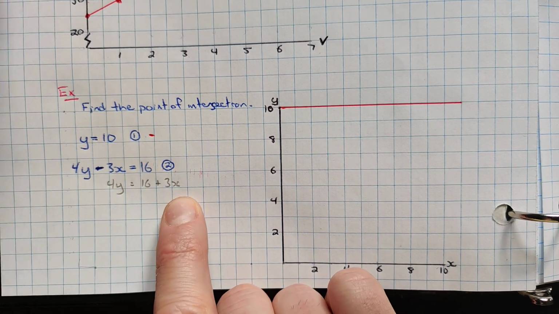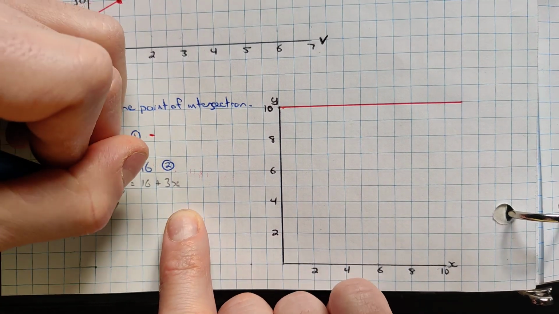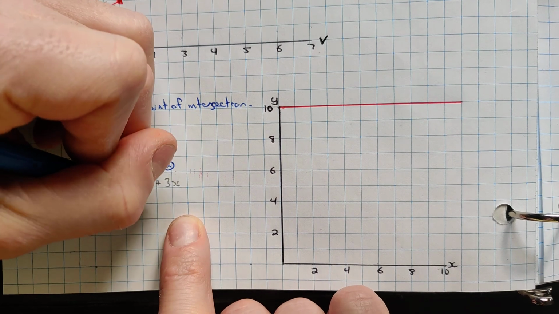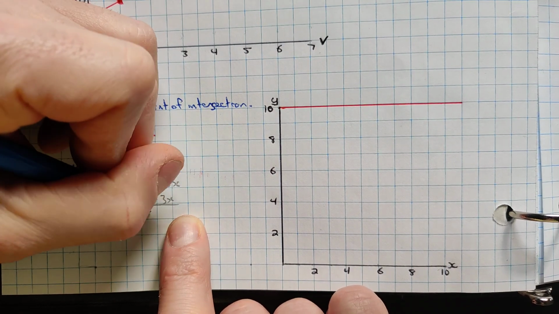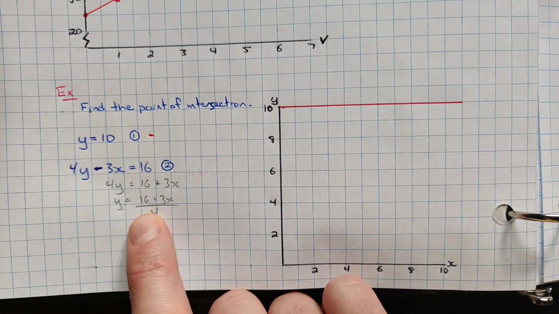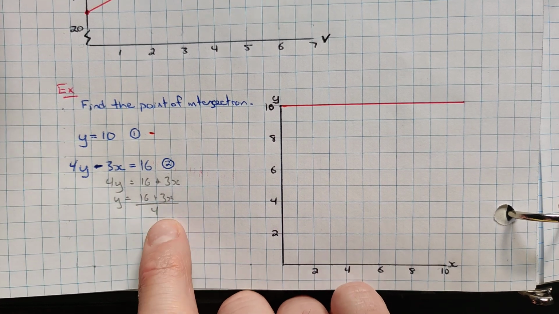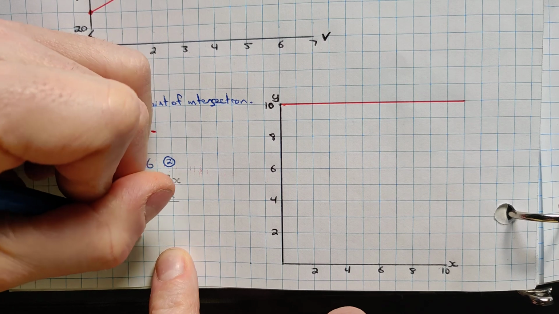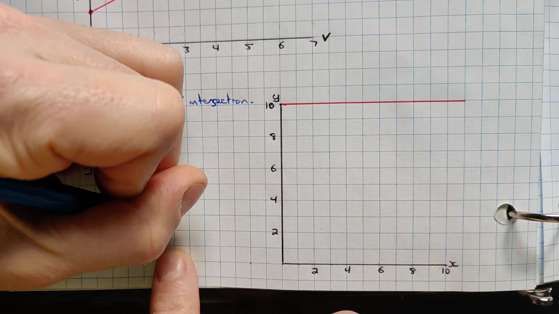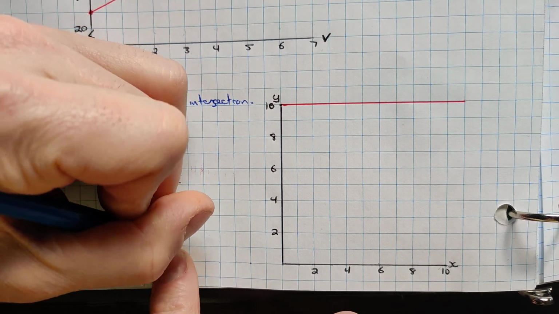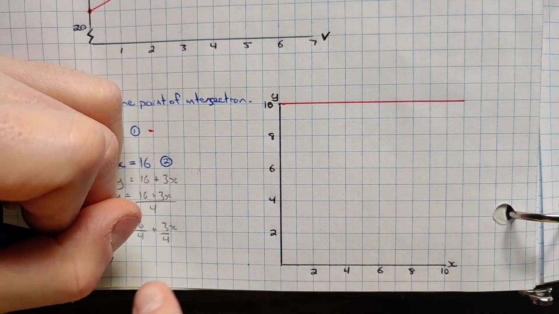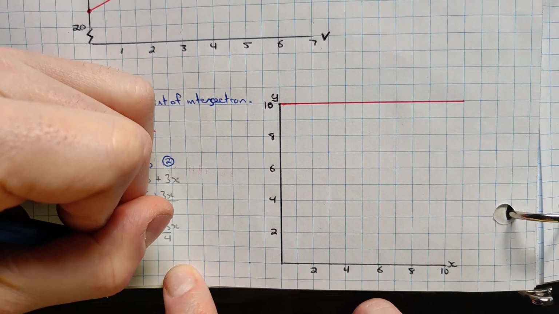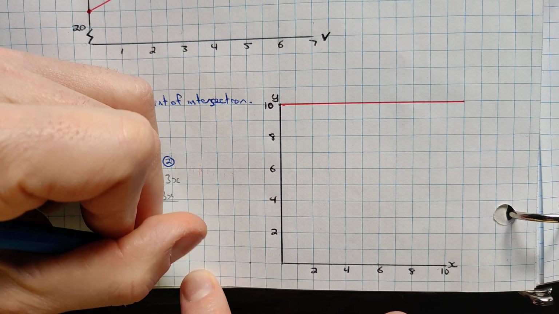So I've added +3 to both sides. And now I'm going to divide by the 4. 16 plus 3x over 4. And again, when I divide these two terms by the 4, each individual term can be rewritten as a fraction over 4. And so I can simplify that down to y equals 4 plus 3 over 4x.